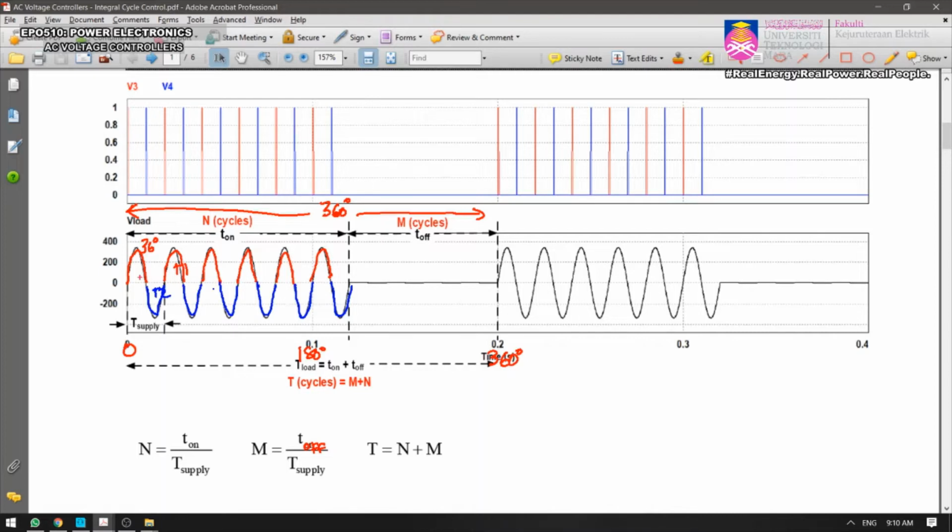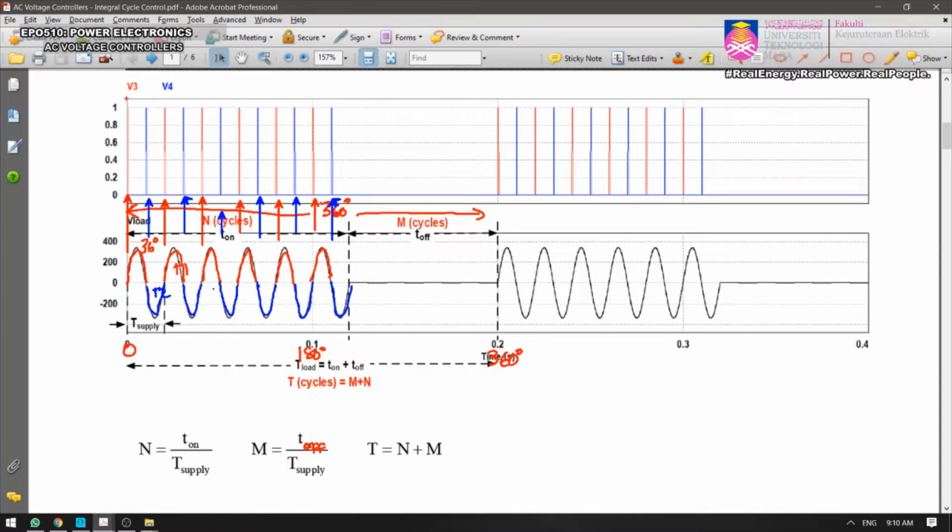So you turn on alternately thyristor 1, thyristor 2, thyristor 1, thyristor 2. Look at this pulse. This is thyristor 1 on, thyristor 1 on, thyristor 1 on. And then you trigger thyristor 2 here, here, here, here, there. If you look at the PSIM circuit, then you get a clear value.